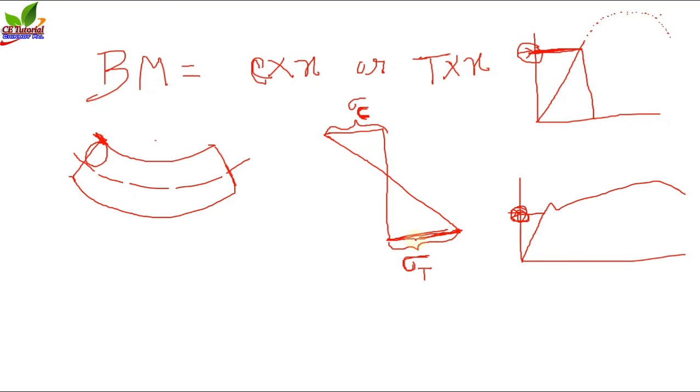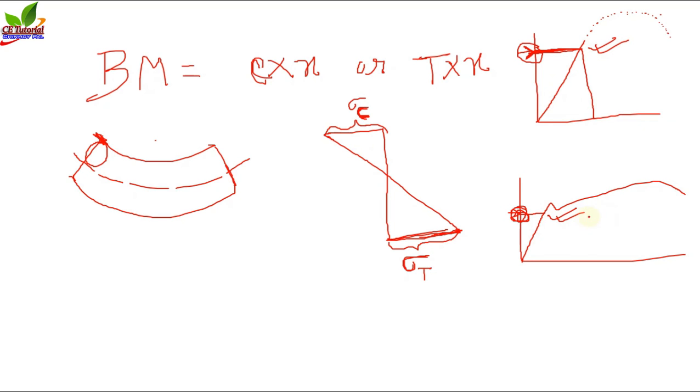So you can understand why the stress strain curve is important to understand the concept of RCC design. What we have done is consider a particular value of stress that is given by our IS code.